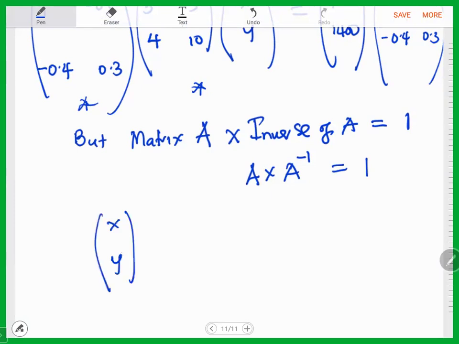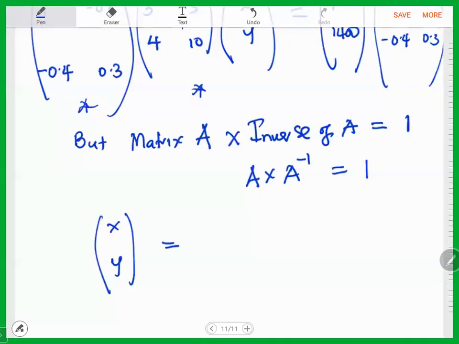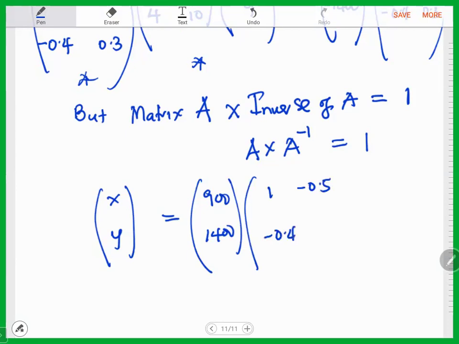which is equal to 900 out of 1,400 into 1, negative 0.5, negative 0.4, and 0.3. That is the next step.